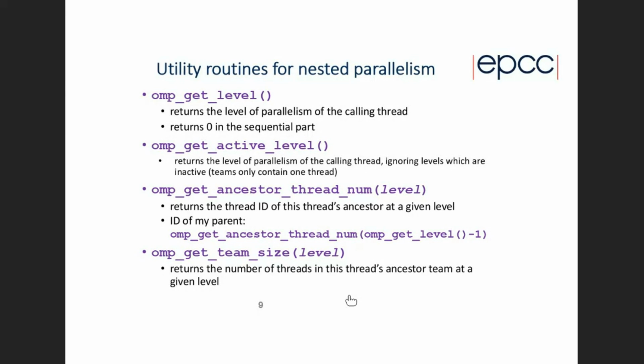Compared to other APIs like P threads or C++ threads, you have fairly limited powers of creation and destruction in OpenMP. The only way to create threads is with parallel regions, which includes nested parallel regions. And there's essentially no way to kill them. They will keep executing until the end of the parallel region.